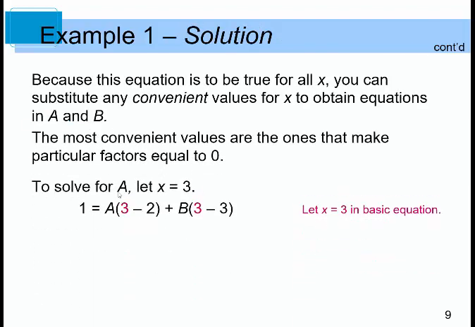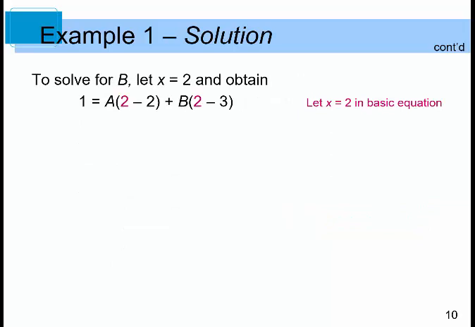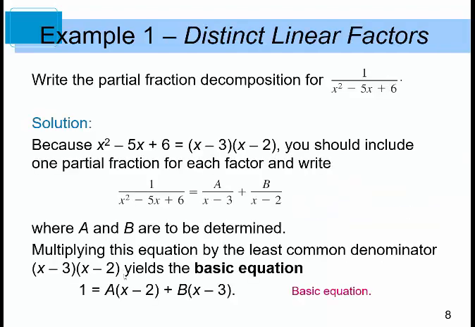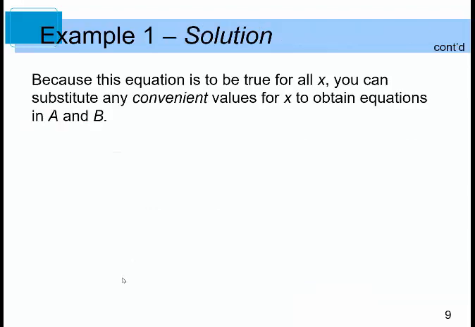So for the first one, to solve for a, I'm going to let x equal 3, because when I plug 3 into the other factor here, 3 minus 3 is 0, the b goes away. So when I simplify like that, it's very easy to see that a is equal to 1. Once you know that, you can solve for b. So you want to get rid of the a term. If I plug 2 in for x, the a goes away because 2 minus 2 is 0, and 0 times a is 0.